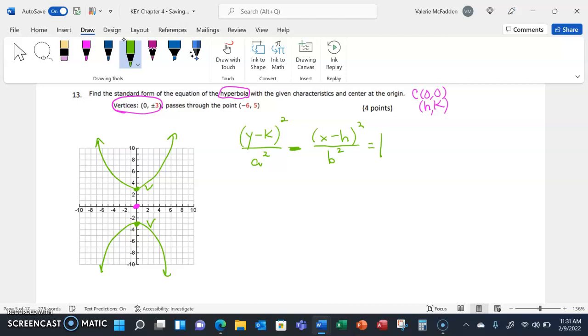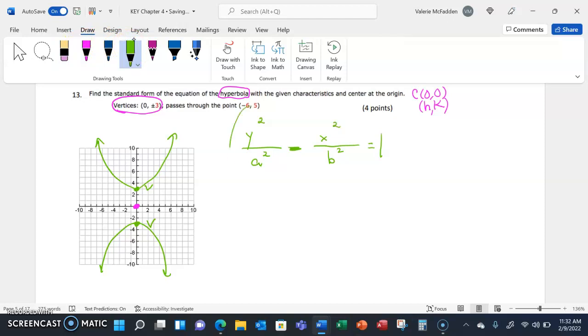I know my h and my k are both zeros, so really it's just y squared and x squared in my numerators. I can clean this up a little bit since my center is 0, 0.